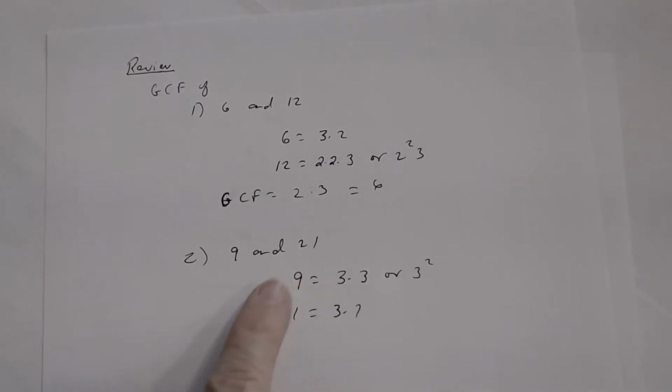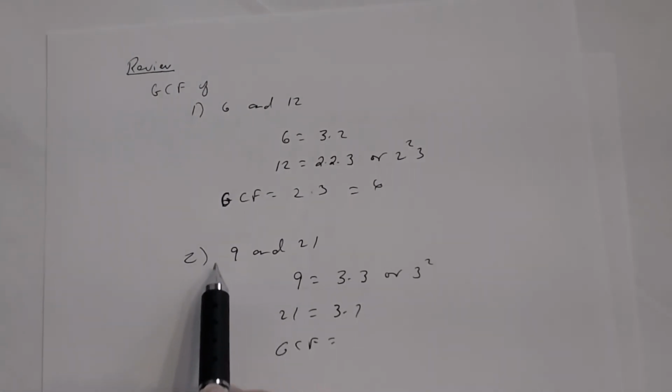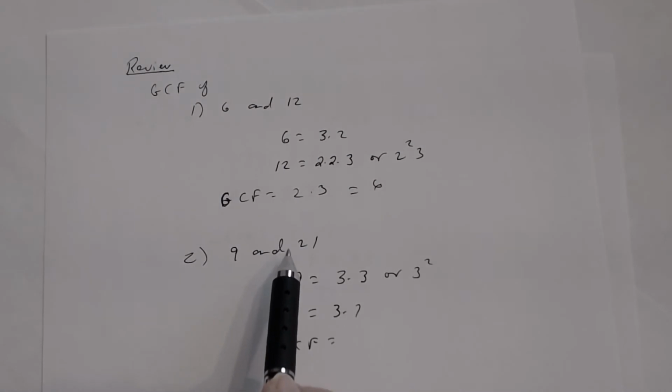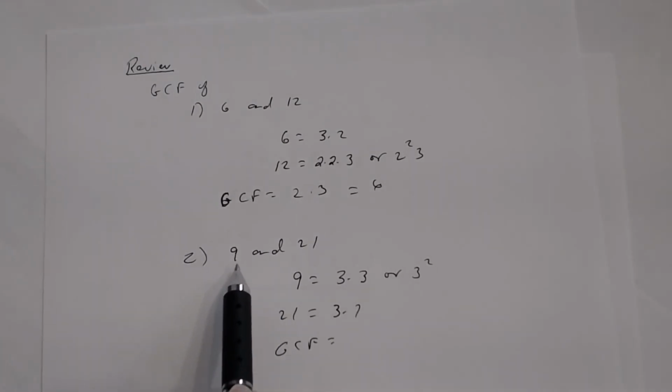Okay, so let's see how we can get 3 from here. And whatever number I use, it has to also be a factor of 21. Now, you notice I said less than or equal to, right? So less than or equal to, think least, think smallest.